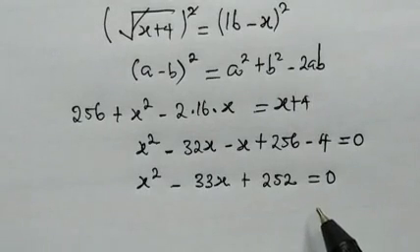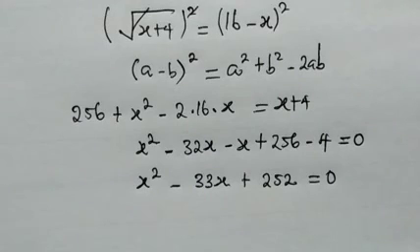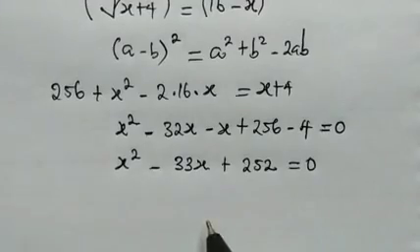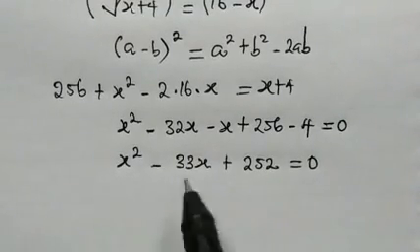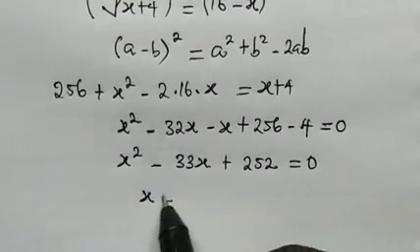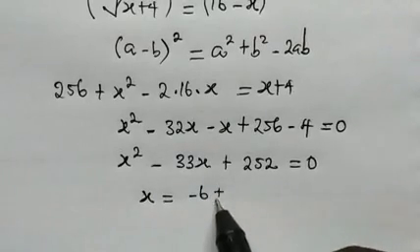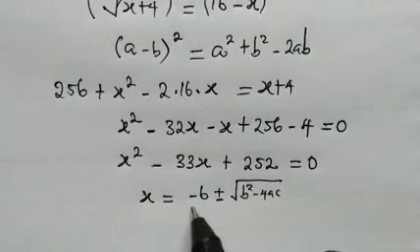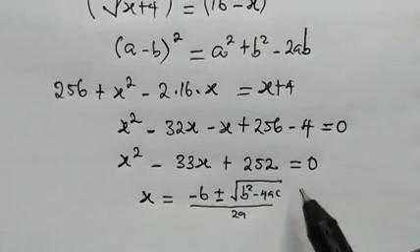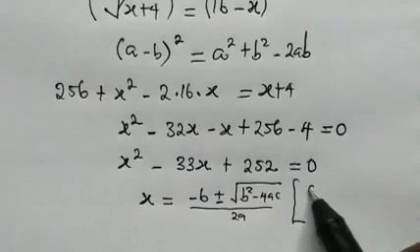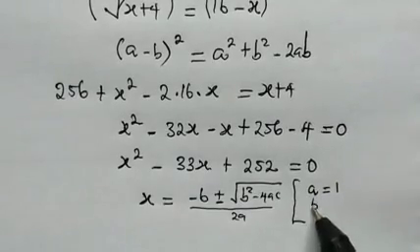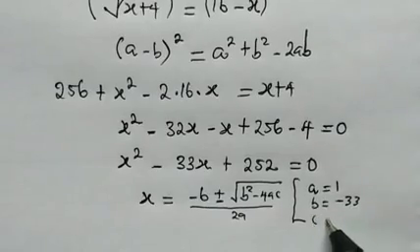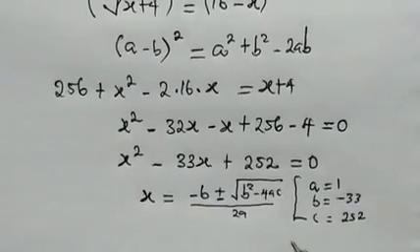So we're about to solve for x in this equation, right? We're going to make use of the general quadratic formula. We know here we have x equal to negative b plus or minus the square root of b squared minus 4ac, divided by 2a. If we check this equation, a is equal to 1, b is equal to the coefficient of x, which is negative 33, and c is equal to 252.